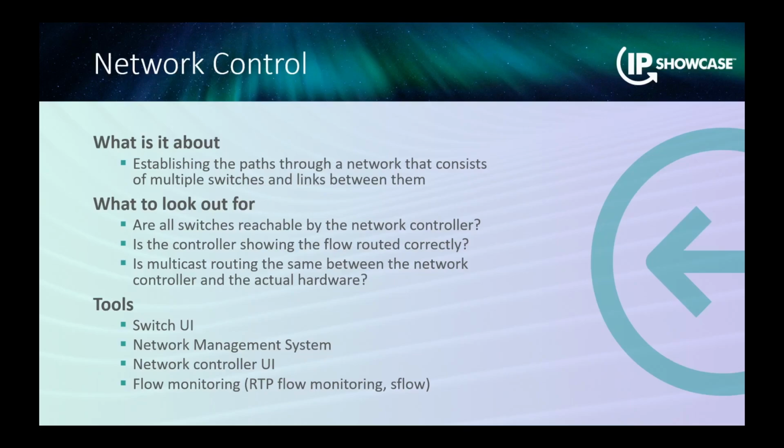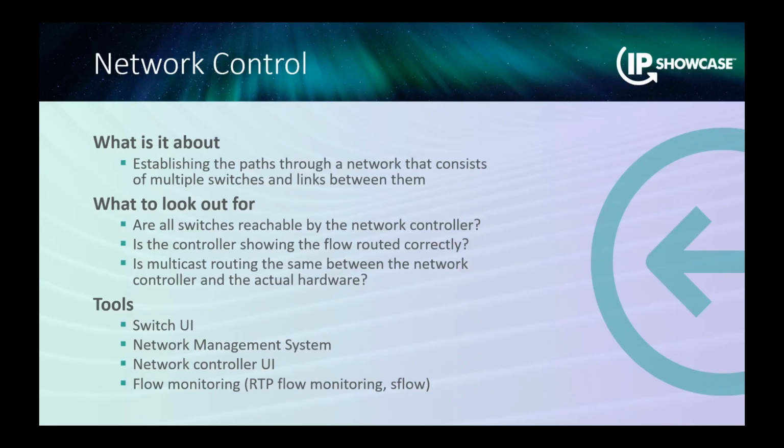Good. Moving another layer up into the network control layer. This is about establishing paths inside the network, that is between the switches. If you have a network controller that does this for you, all the switches need to be reachable by the network controller.